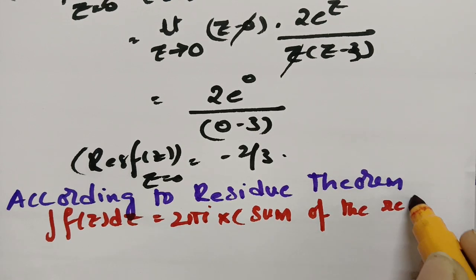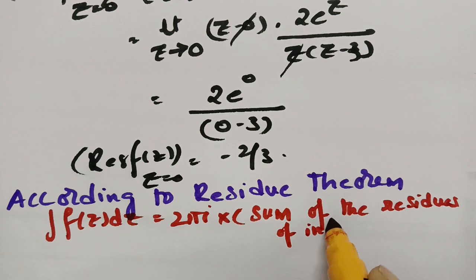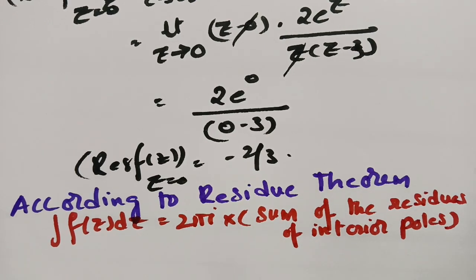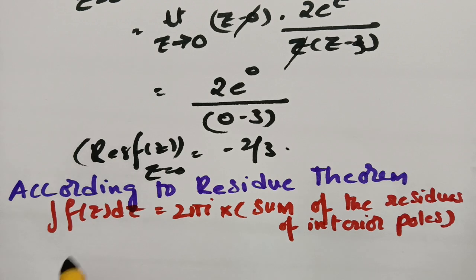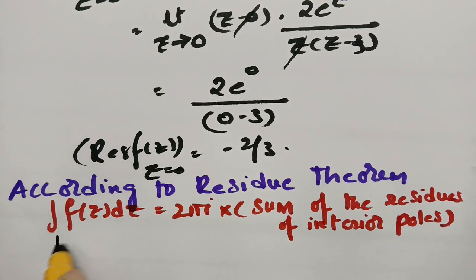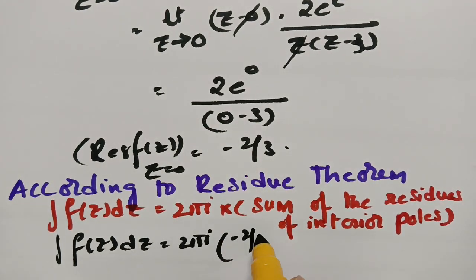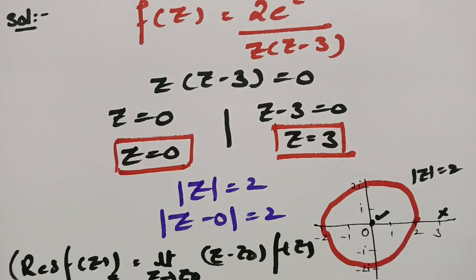Here the interior pole is z = 0. So the integral of f(z) dz is 2 pi i times minus 2/3. So the answer here is minus 4 pi i by 3.